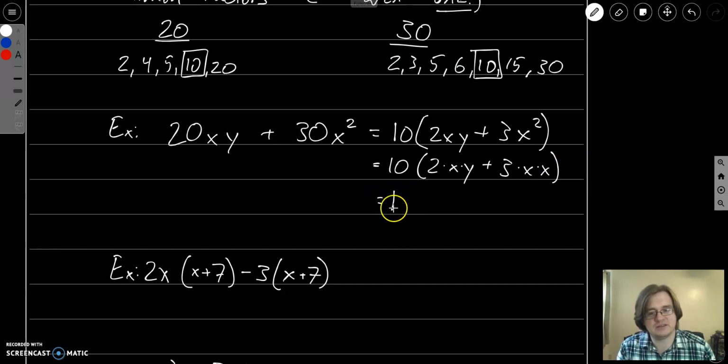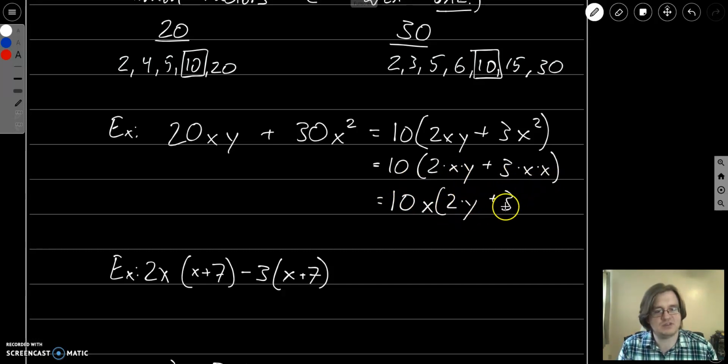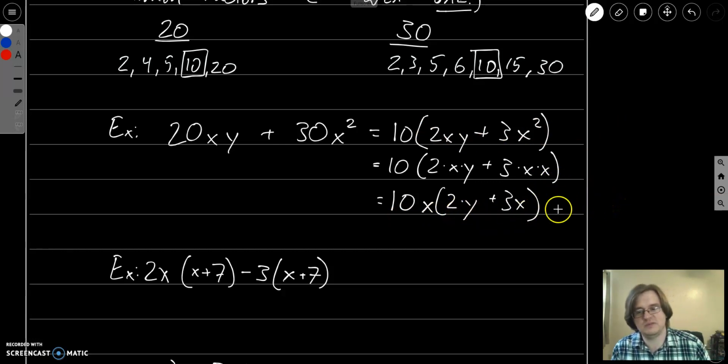So I can pull that out. So if I pull an x out of the first one, what I'm left with is just 2 times y. And if I pull an x out of the second one, I'm just left with 1x remaining. So after I factor this, I'll have 10x times 2y plus 3x. So this would be factored as much as I can.